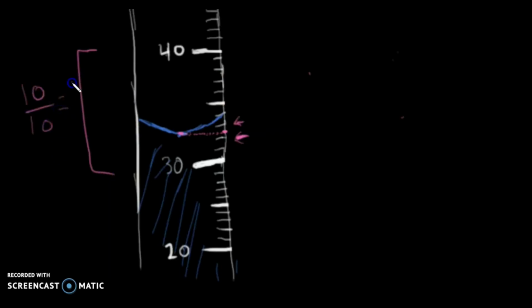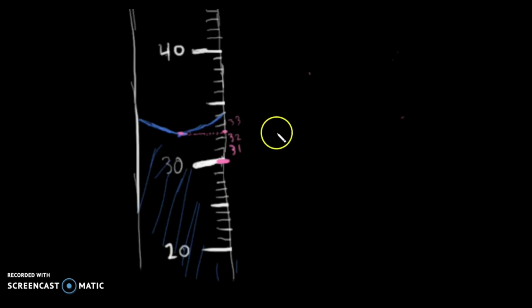So that means that I'm going 1 unit per space or line, right? Now what that means is, okay, if I'm on 30 right here, this is going to be 31, this is 32, this is 33. And our line falls between 32 and 33.